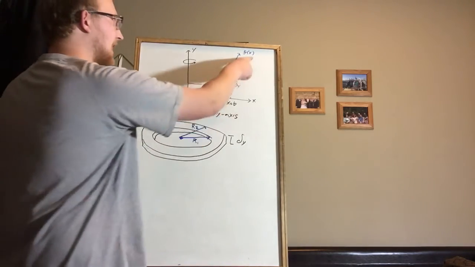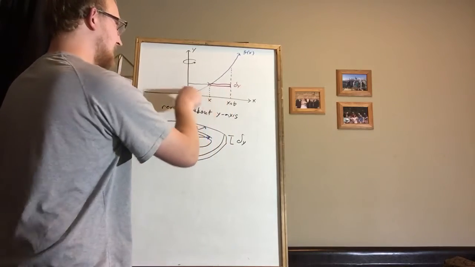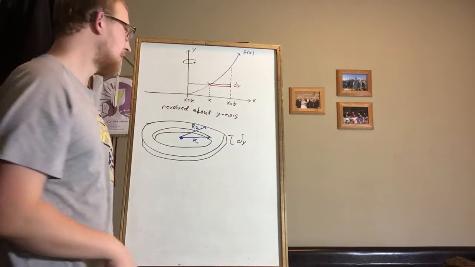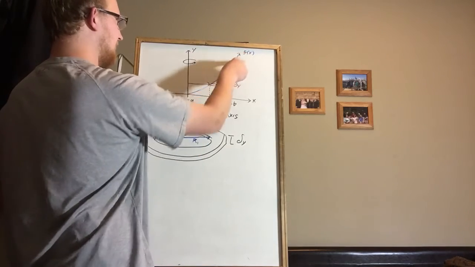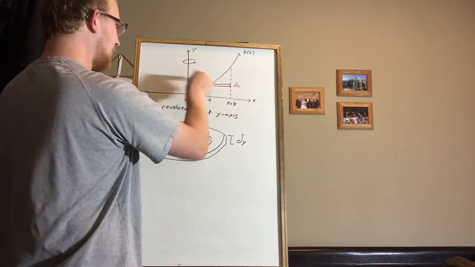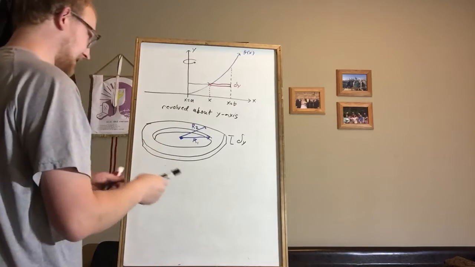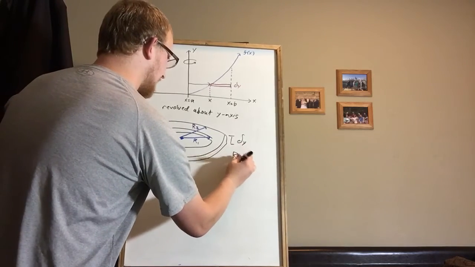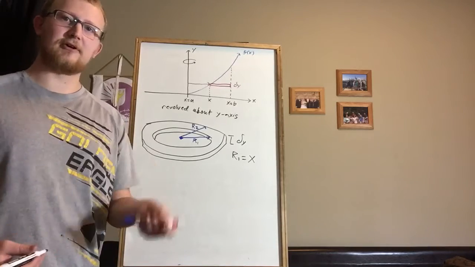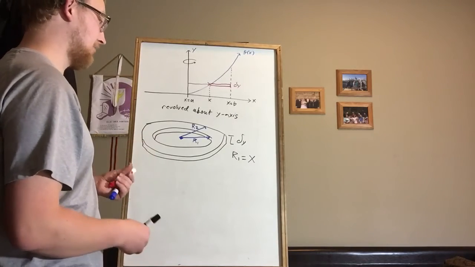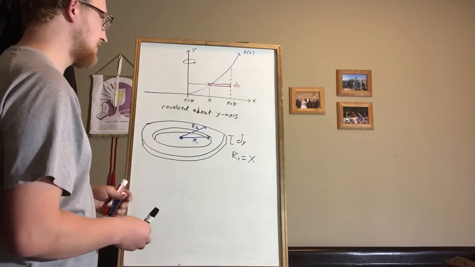In other words, whatever x you were plugging into f of x is what your inner radius would be. Because if I plug in x here, then my graph that I'm following will be up here. So our inner radius, or radius 1 in this case, is just whatever x value your function is using at that particular point, whatever the input x value is.